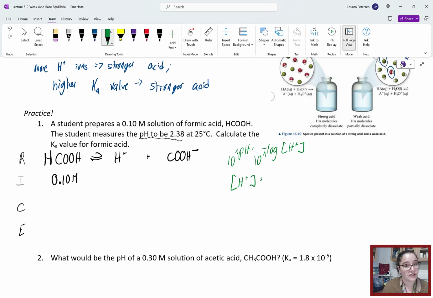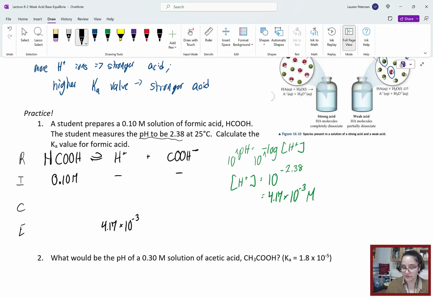So the concentration of H+ here will be 10 to the -2.38, which gives us 4.17 times 10 to the -3 molar. Yep, cool. So that is our concentration of H+ at equilibrium.